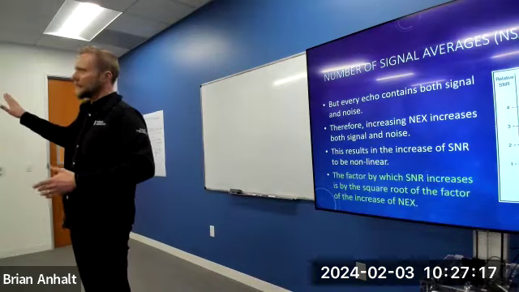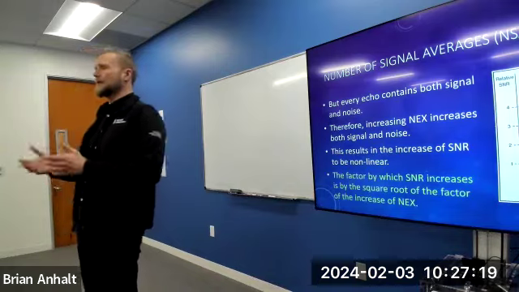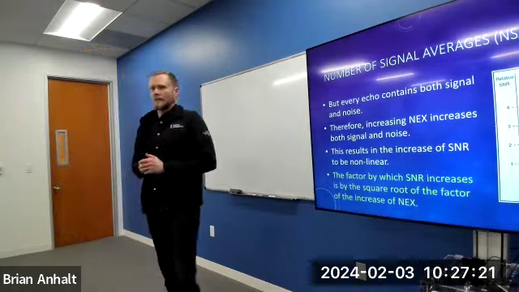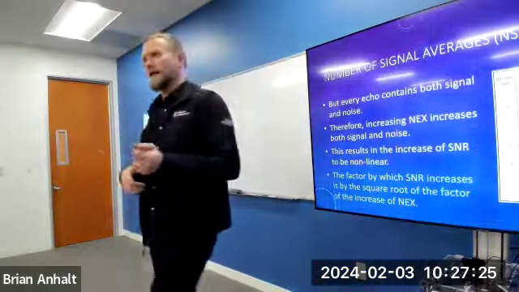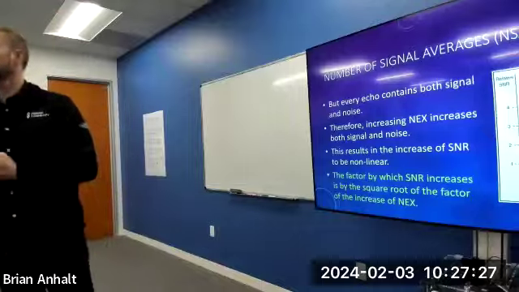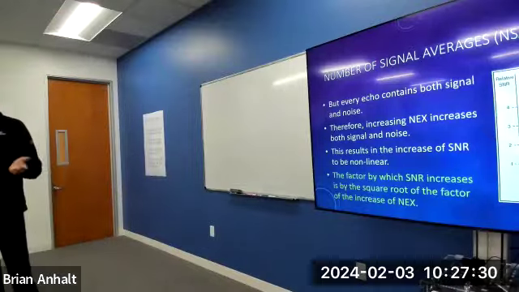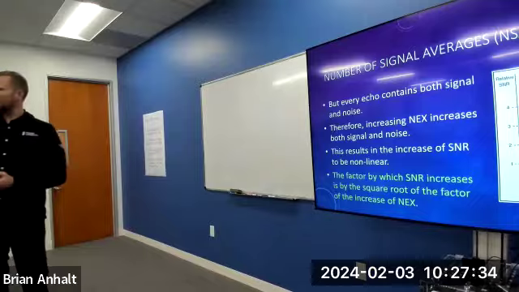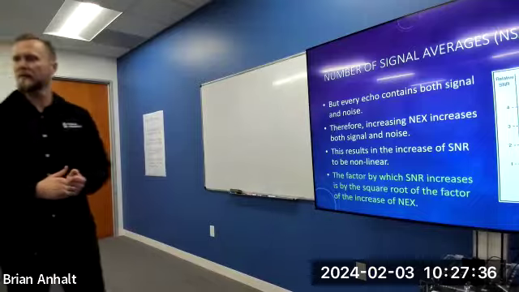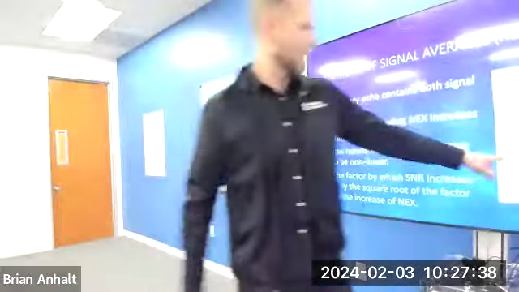That would be a linear relationship, right? I'm not doubling my SNR by doubling my NEX. The relationship is that we are increasing it by the square root of the factor of increase of NEX. So if I double my NEX, I take the square root of 2, and that is what my new SNR is. And you can see that here.